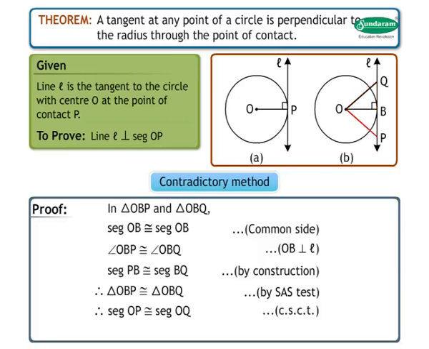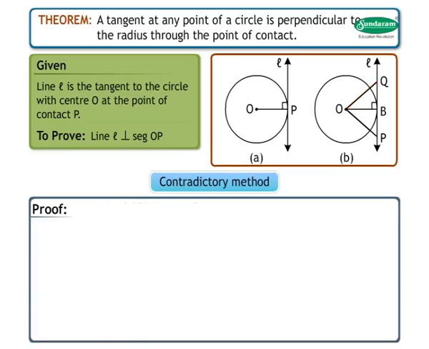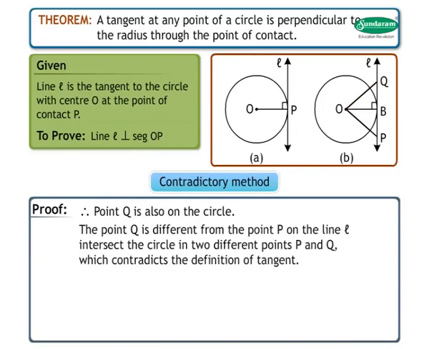Therefore, segment OP is congruent to segment OQ by congruent sides of congruent triangles. Therefore, OP is equal to OQ. Therefore, point Q is also on the circle and point Q is different from the point P on the line L. So line L intersects the circle in two different points P and Q, which contradicts the definition of tangent.